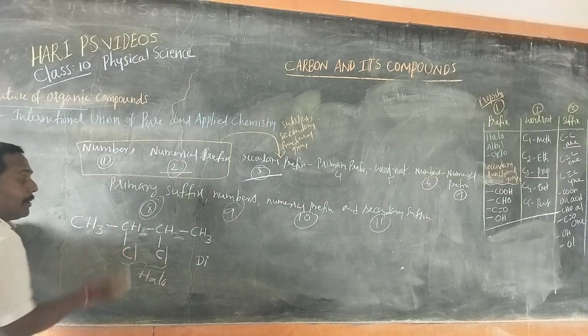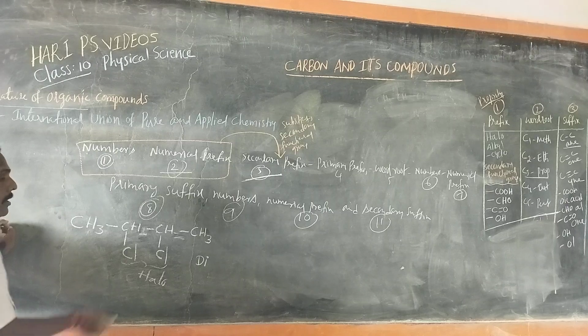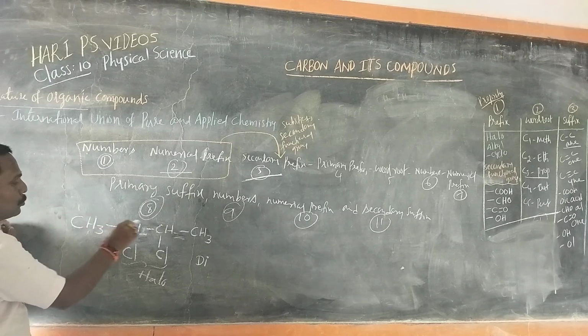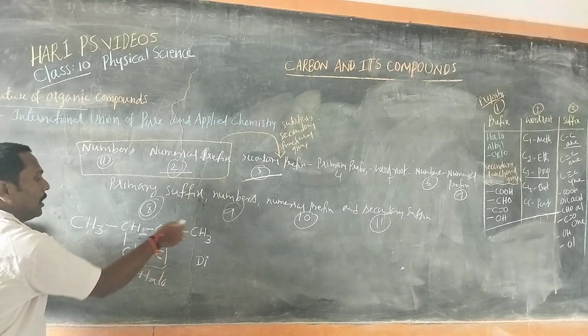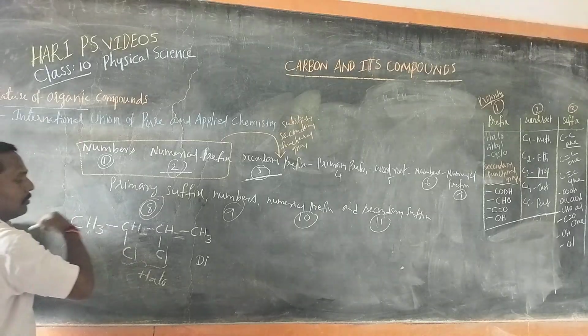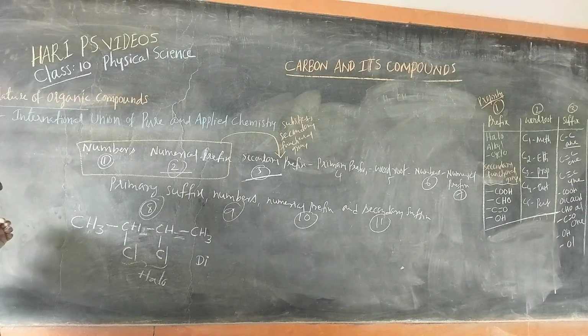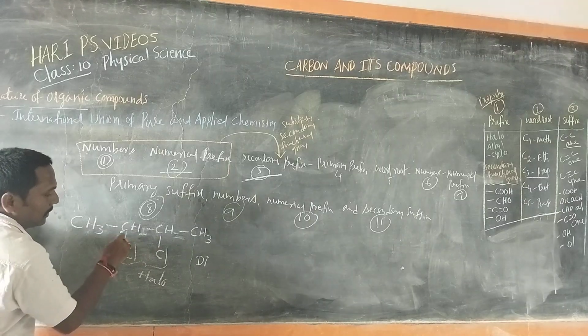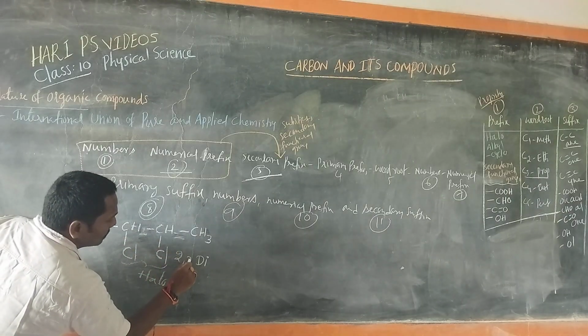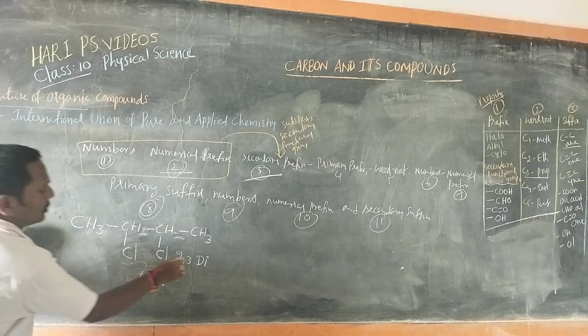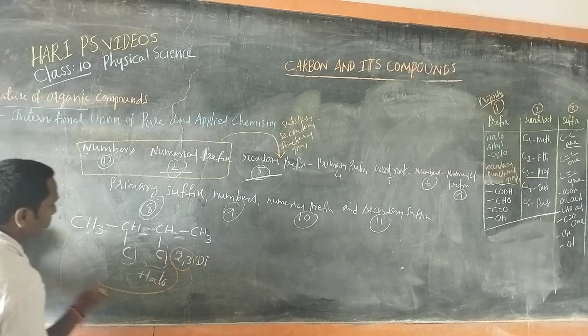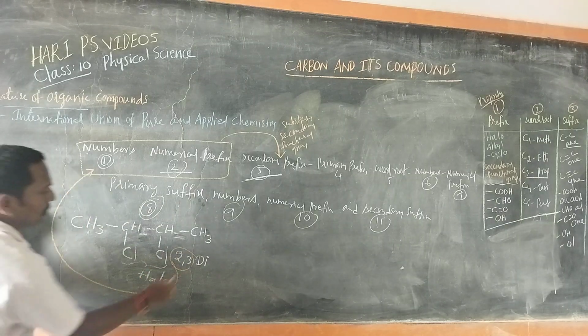For which carbon atoms are they substituted? If we count 1, 2, 3, 4 from left to right or from right to left, it is the same: 2, 3. This 2, 3 is nothing but the numbers.